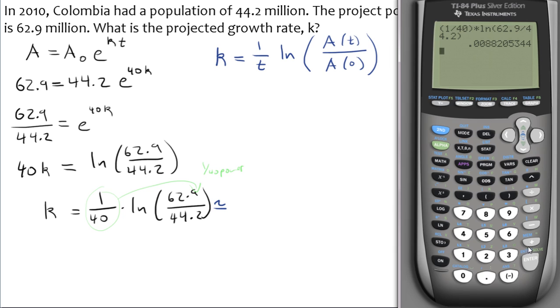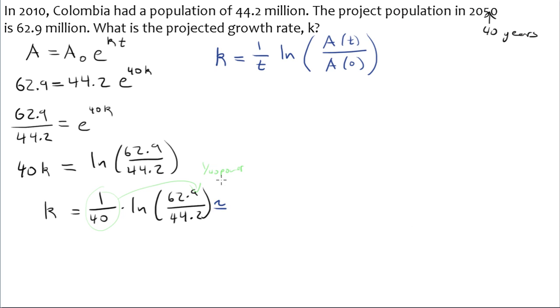So I think we're going to 3 decimals on these, so we'll call that 0.009. That's our growth rate, 0.009. And I might say nearest 10,000th. Okay, great. See you next video.